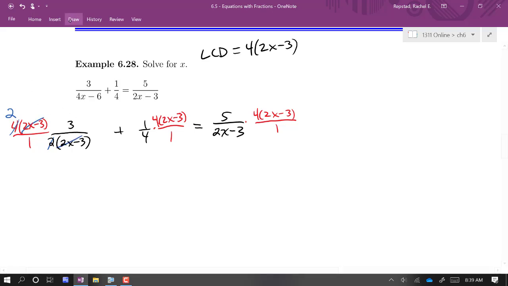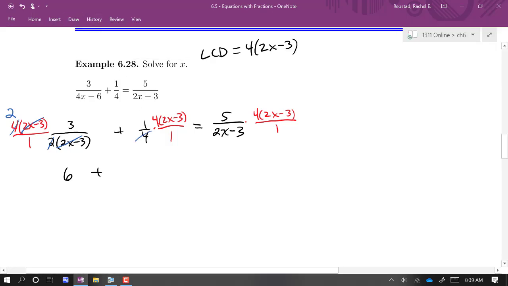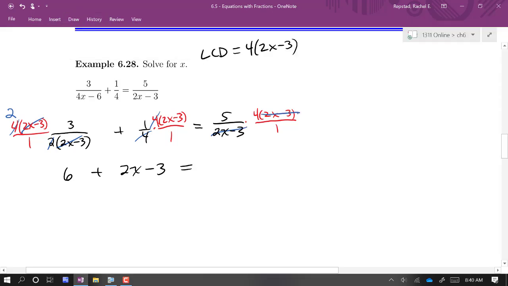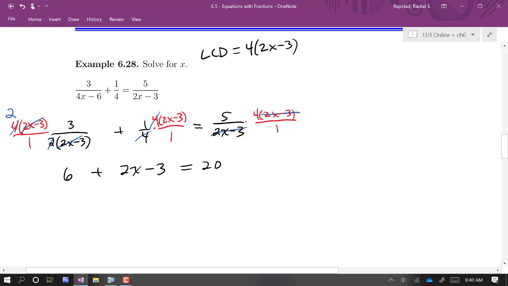So this first term is 2 times 3, or 6. In the next fraction, the 4's cancel, and we have 2x minus 3. And then on the other side of the equation, the 2x minus 3's cancel. We're left with 5 times 4, or 20. I'm going to combine some like terms on the left side.